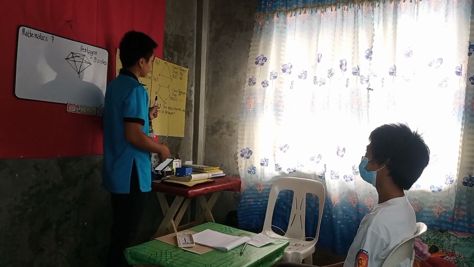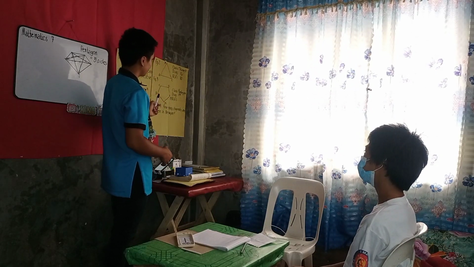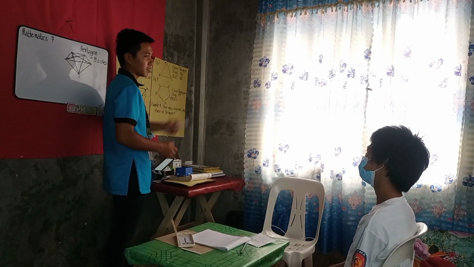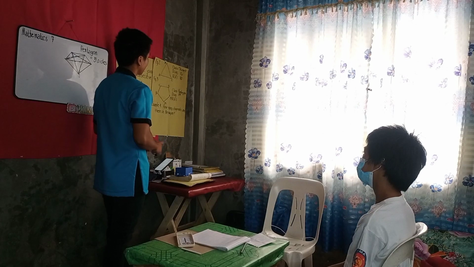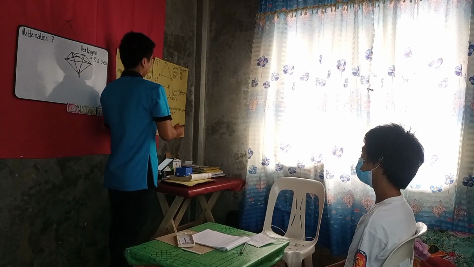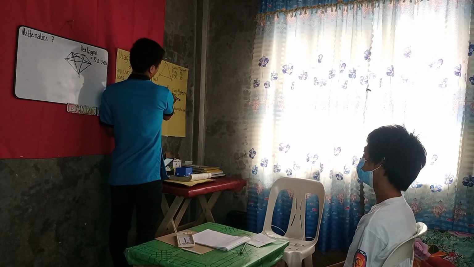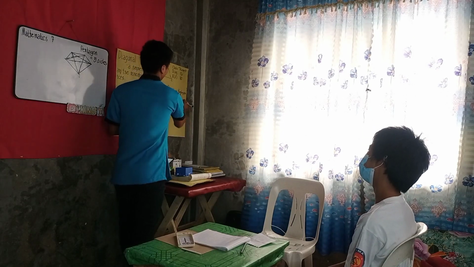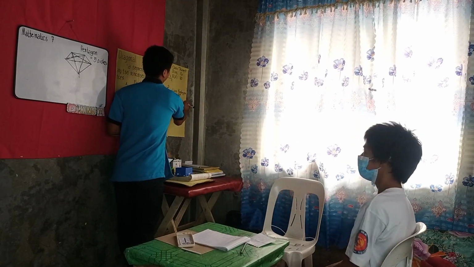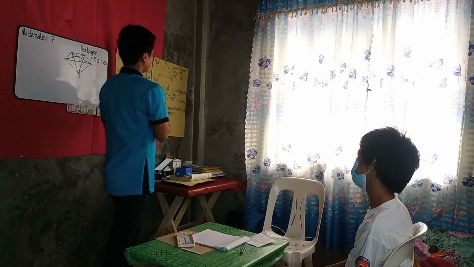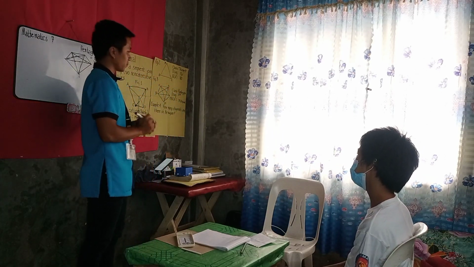Tapos, CF. Very good. How many diagonals are there on our pentagon? Sir, 5. 1, 2, 3, 4, 5. So, there are 5 diagonals on a pentagon.